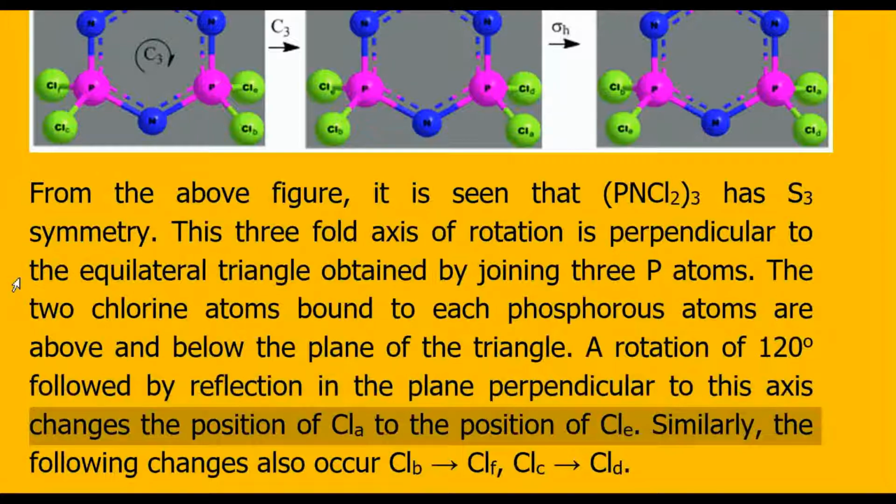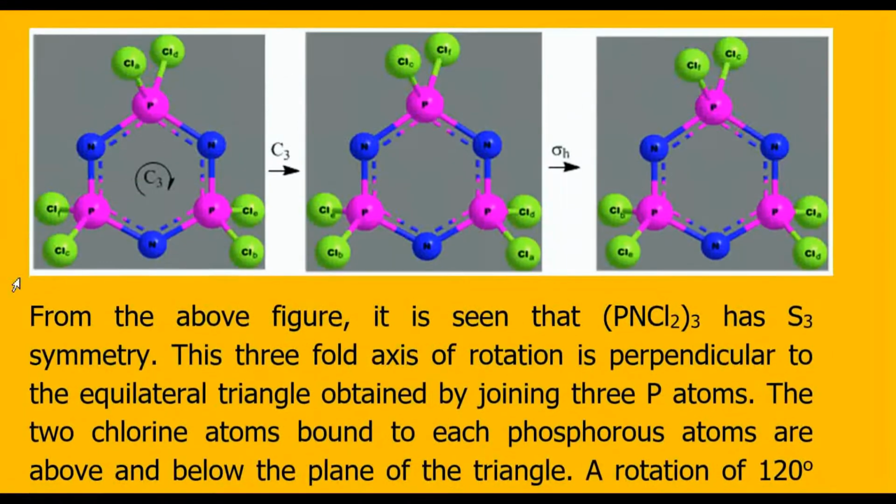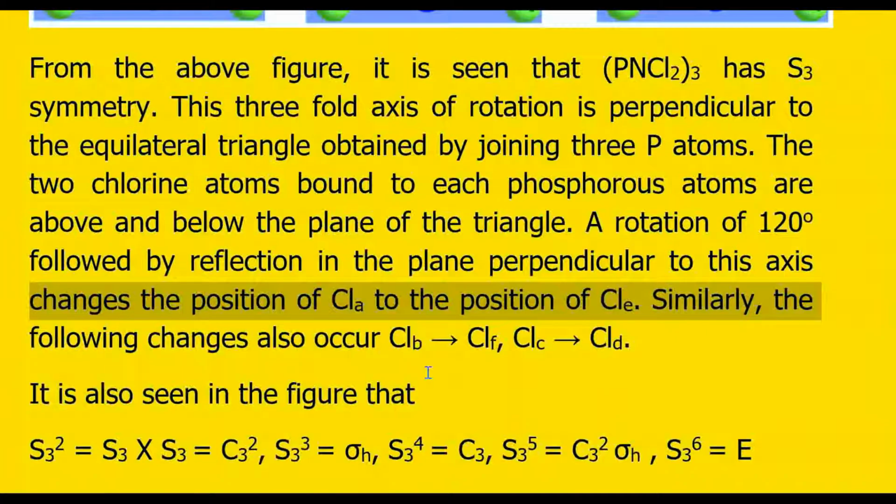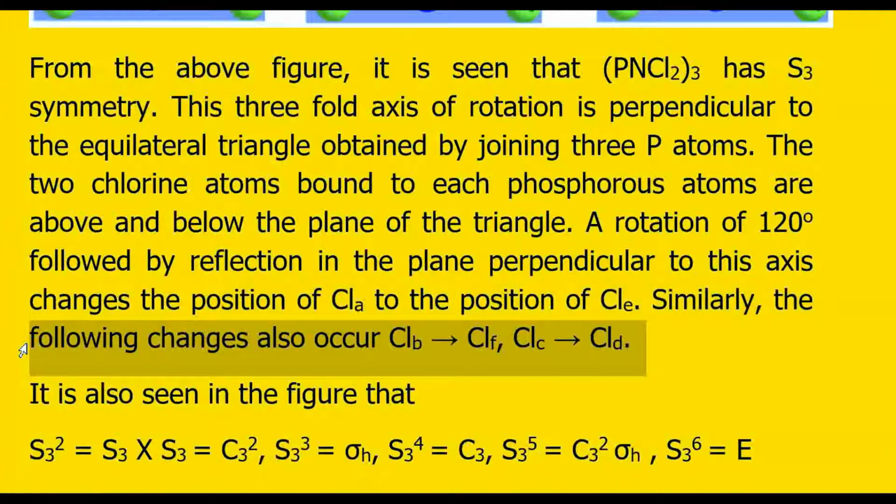Just check the figure once again, I will show you. ClA has moved to ClE. See, originally ClA was over here and ClE was over here, but at the end of the operation you will see that ClA has occupied the position which was originally occupied by ClE. And in the same way you can check that ClB will go to ClF and ClC will go to ClD.